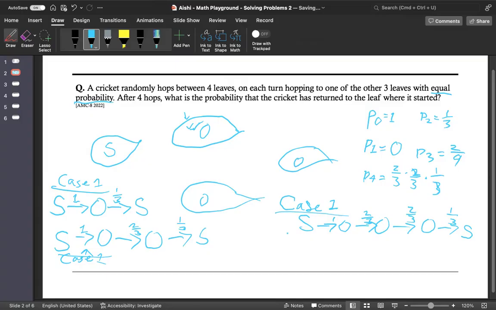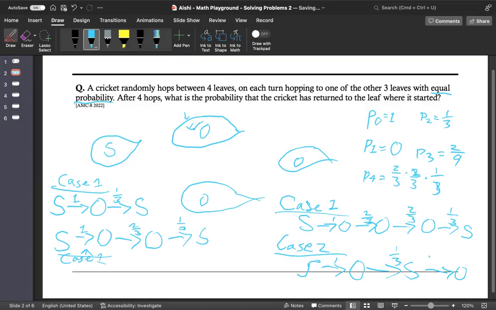It looks like we can do a case 2 over here. From S to O, 1. Now if we go from O to S, that would be 1 by 3.